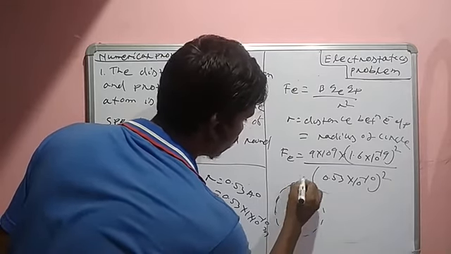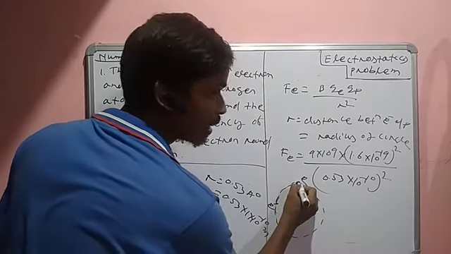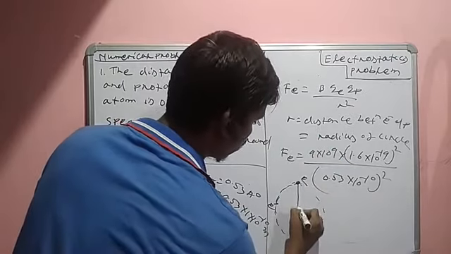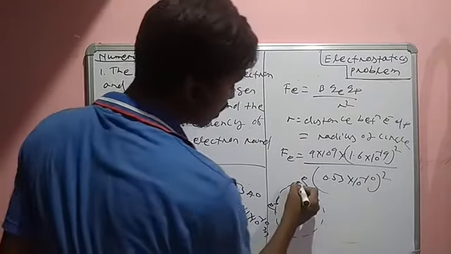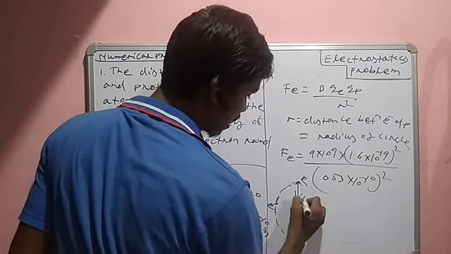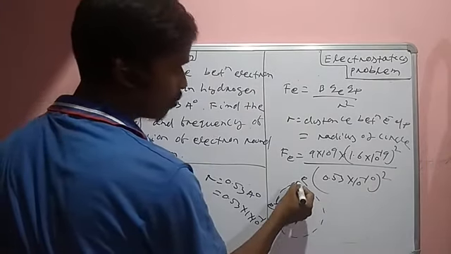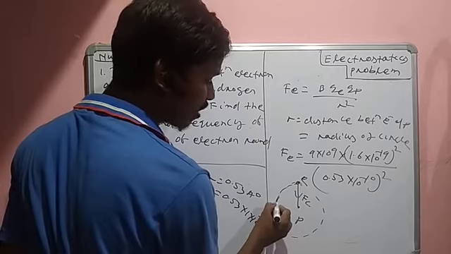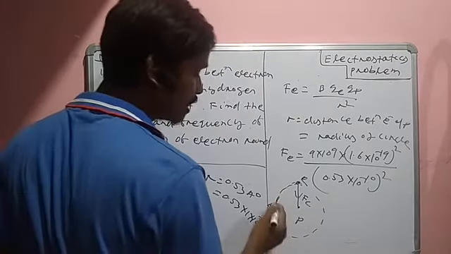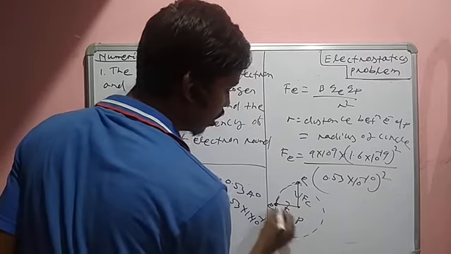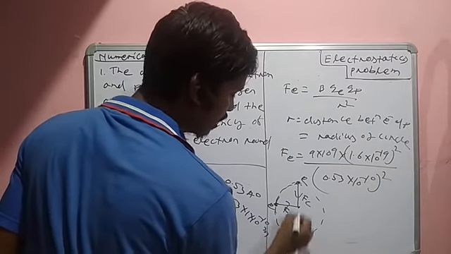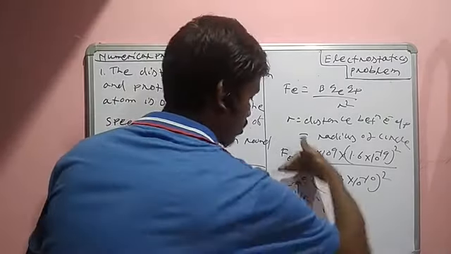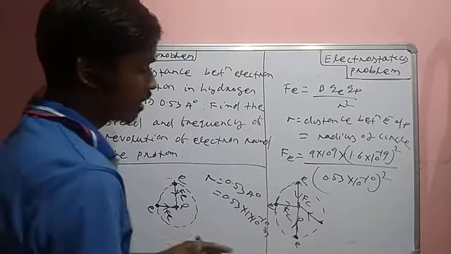Suppose at this point the electron moves, the force is in this direction, balancing. The force acting in this direction is called the centripetal force. When the electron is present at this position, balancing in nature, that means centripetal force is available. When the electron is here, the centripetal force is here, the body is here, the centripetal force is here. Yes or no?